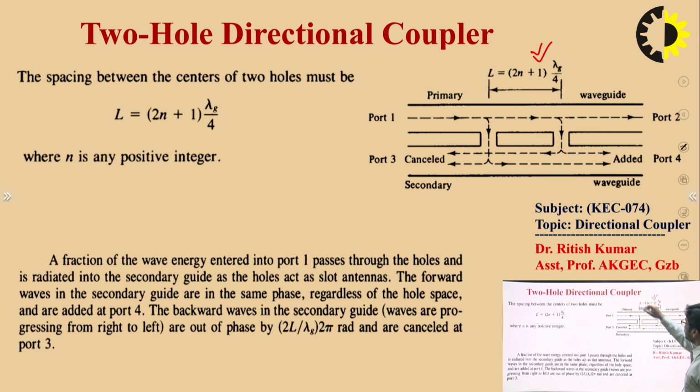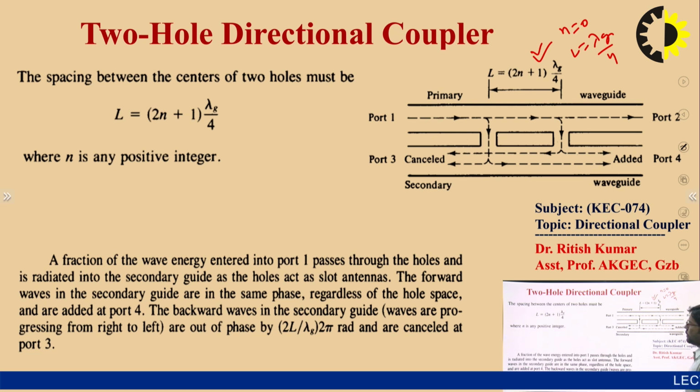This is a very important point in designing it. If the distance is an odd multiple of lambda g by 4 and you make n equal to 0, then L is equal to lambda g by 4. So the distance between these two holes is a quarter wavelength at a particular frequency, right?